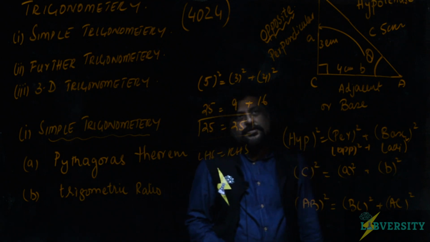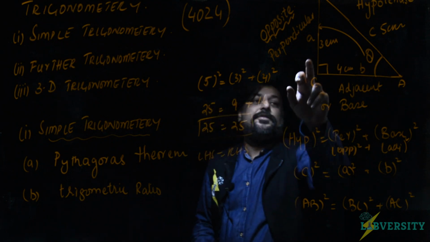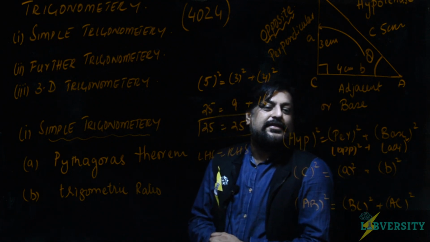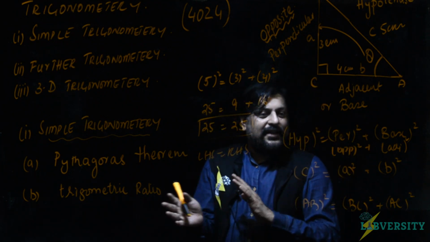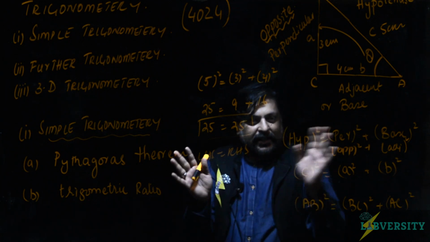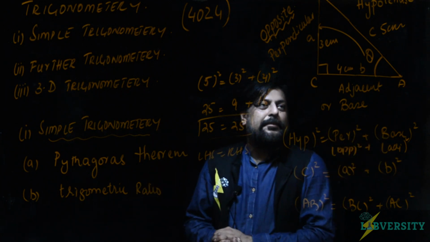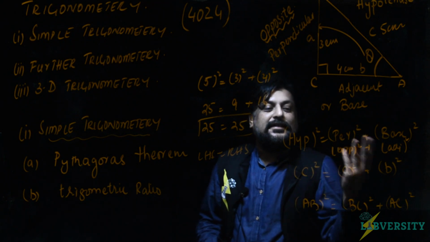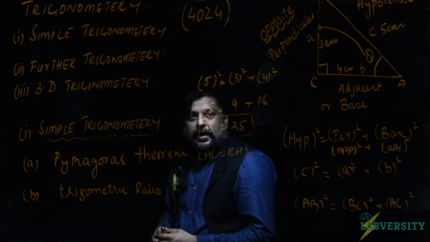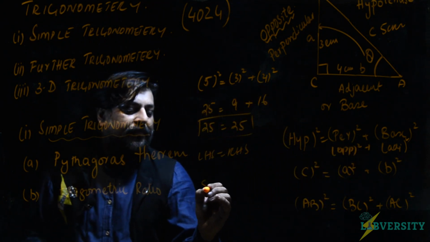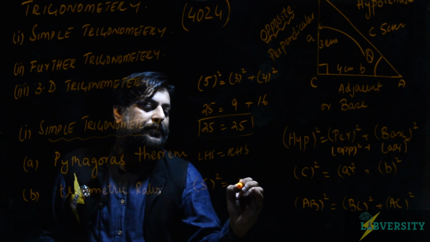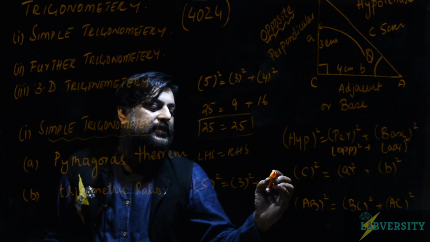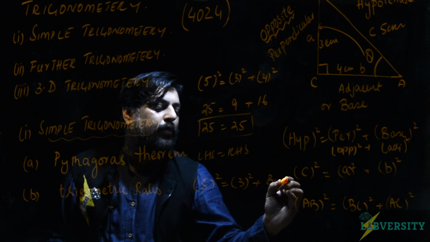Another use of Pythagoras theorem is that if two of the sides of a triangle are known to us, by using algebraic manipulation we can find the third side. Like here, we know 5 square is equal to 3 square plus base square.